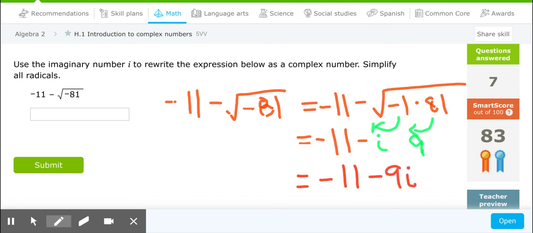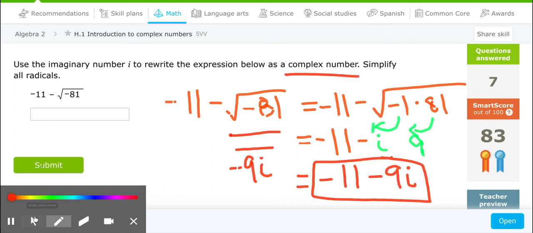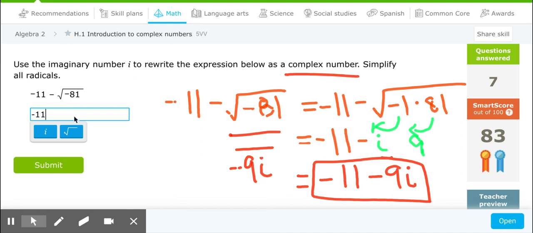The square root of negative 81, this is equal to 9i. So when we have negative 11 minus that, we just write it like this as a complex number. So negative 11 minus 9i.